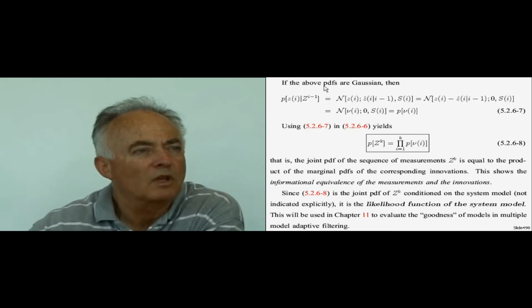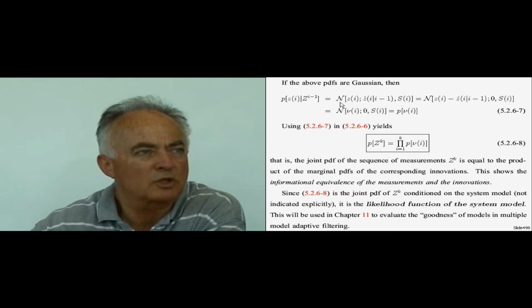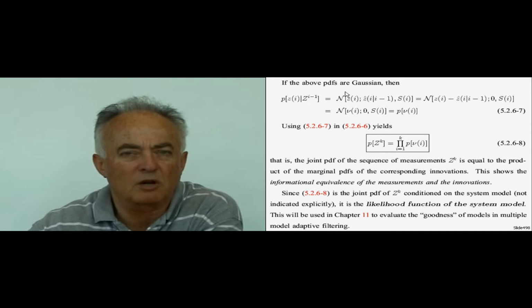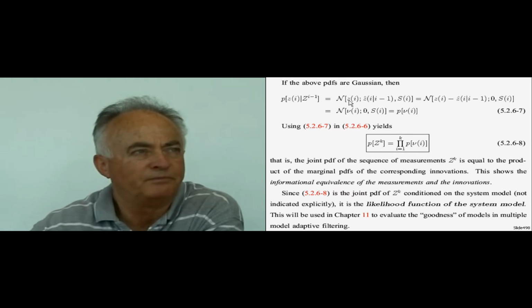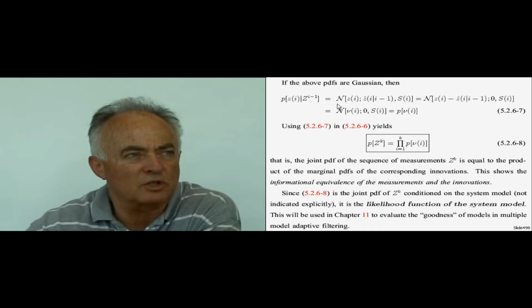Now, if these are Gaussian, then p of z at time i given z super i minus 1 would be a Gaussian, because all the innovations are Gaussian, all the operations we've done are Gaussian, including the filter, and therefore every error now will be Gaussian. So this is Gaussian.